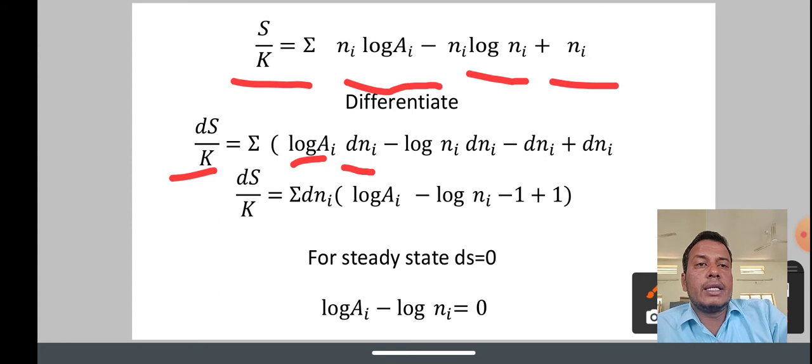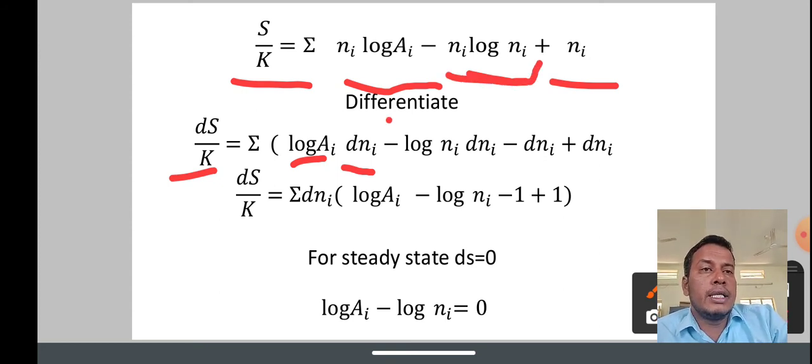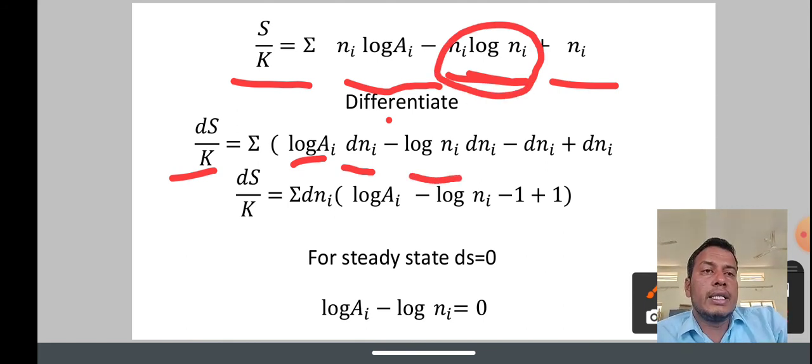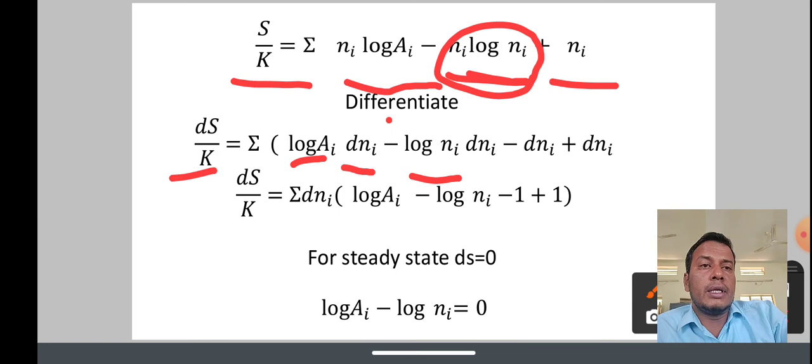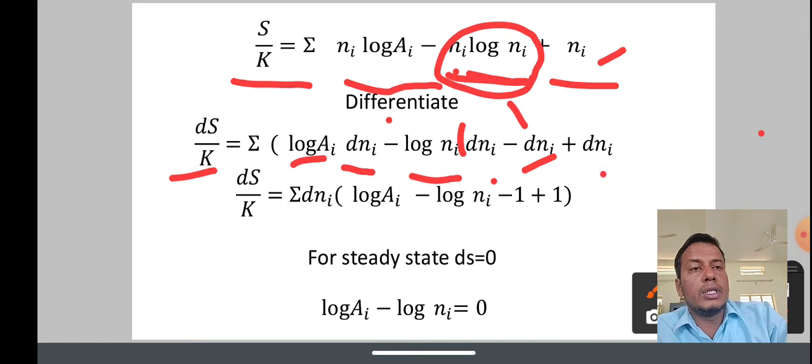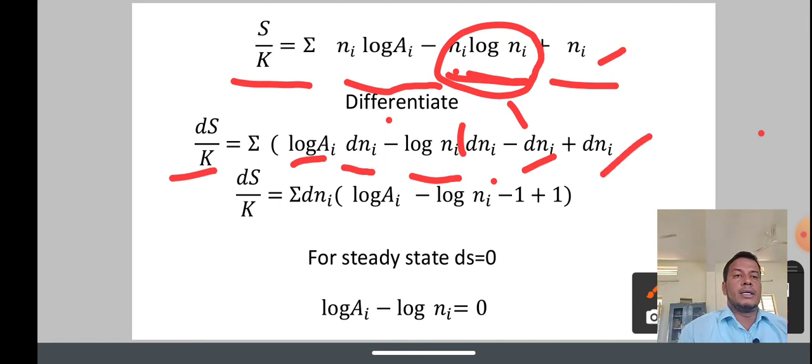Log A is the constant, so its term is going to be 0. Then N_i remains, the differentiation of log N_i is 1 by N, so it gets cancelled there and it simplifies to just minus dN_i, and the last N_i has differentiation dN_i.